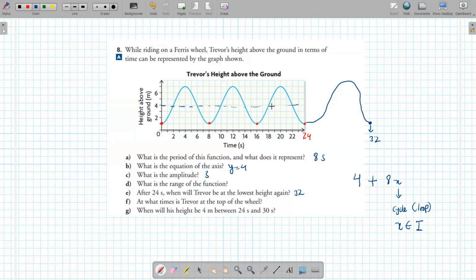So we're just tracing this line. What's the time here? 26. So 22, right? 18 plus 8 is 26. Yeah, that's right. Is there another number there?